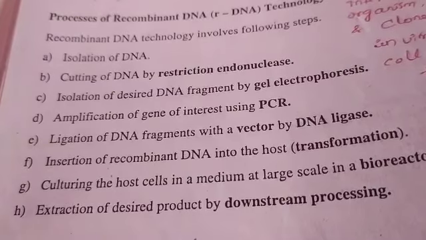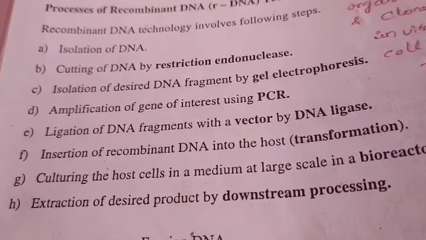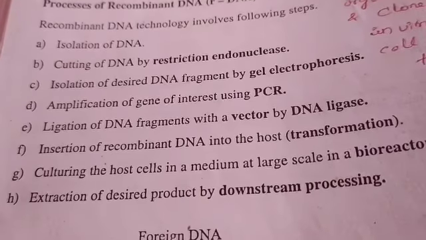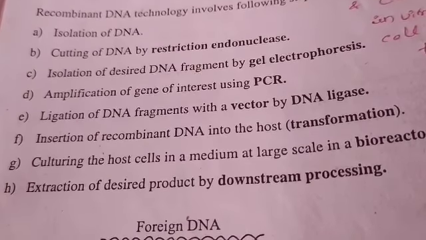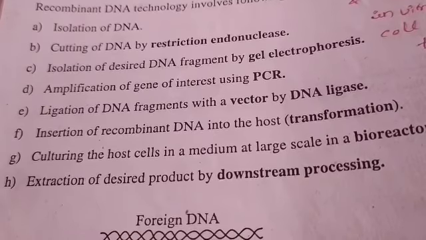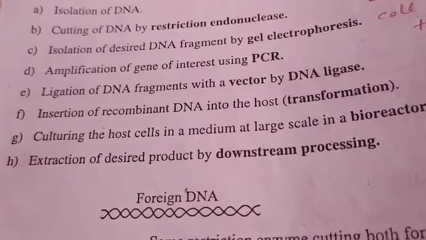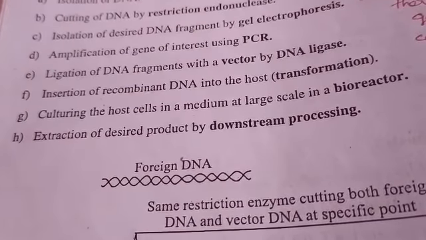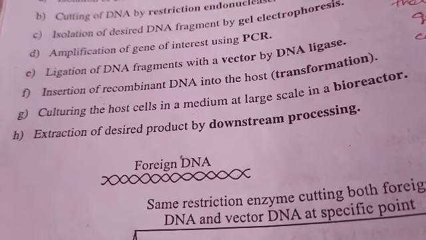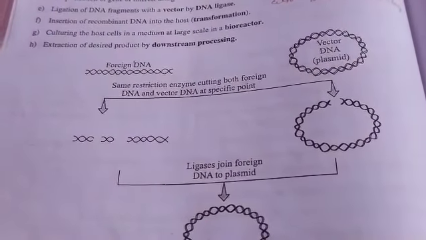First, isolation of DNA, cutting of DNA by restriction endonuclease, isolation of the desired DNA fragment by gel electrophoresis, amplification of the gene of interest using PCR, ligation of the DNA fragment with a vector by DNA ligase, insertion of recombinant DNA into the host, culturing the host cell in medium at large scale in a bioreactor, and the last step is the downstream process, where extraction takes place. Here you can see, I will explain.